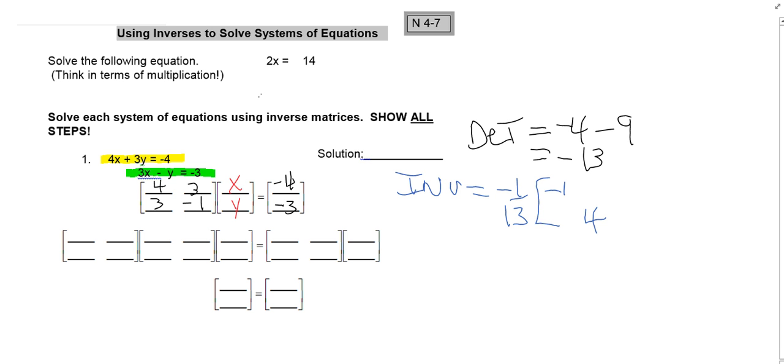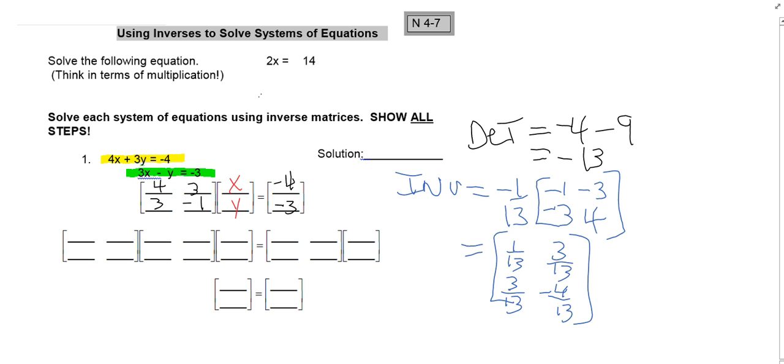And then the other 2 elements, B and C, we make it the opposite quantity, so -3, -3. So our inverse has some fractions in it. -1/13 times a -1 is a positive 1/13, and -1/13 times a -3 gives us positive 3/13. And we have the same quantity here. And now we finally have a -4/13.